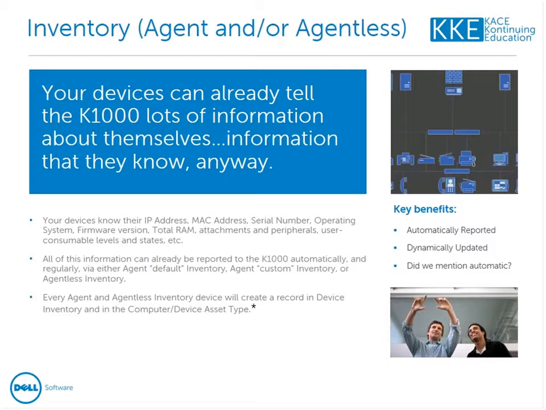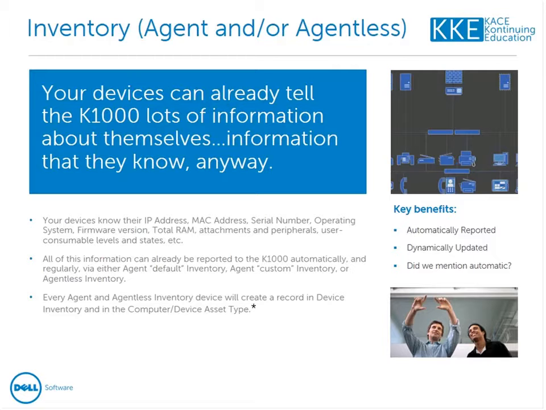So you can bring in all this information every so often, updating itself. So if you add extra RAM to a machine, the K1000 is going to report, hey, now you've got new RAM, and we'll see the new number. This is dynamic information constantly being pulled in as the inventory is being created.